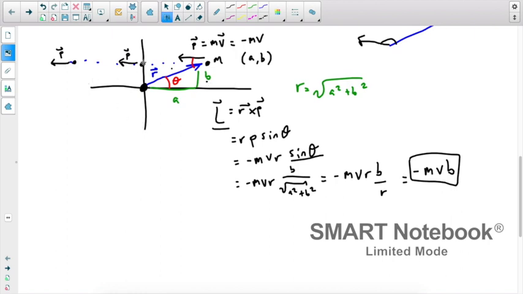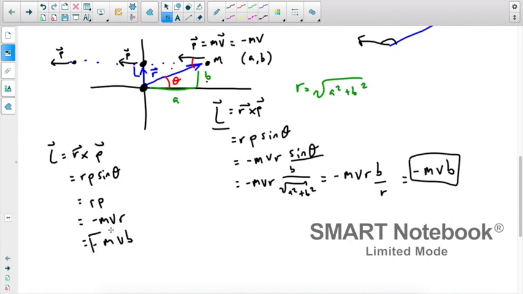If my point particle is right here, for example, then my r vector would look like this, and those vectors would be perpendicular to each other already. So the sine of that angle, the sine of 90, would be 1. My angular momentum there would therefore be negative mvb.